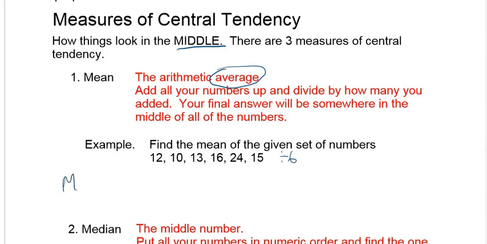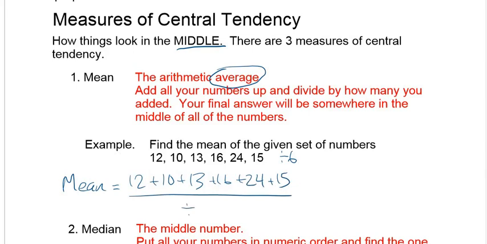So the way that looks, the mean is going to be equal to 12 plus 10 plus 13 plus 16 plus 24 plus 15, all divided by 6. And when we punch that into the calculator, we add up the numbers up top. That's going to be 90 over 6. So punch 90 divided by 6 with your calculator, and you should get 15. So for this set of data, our average is going to be 15.